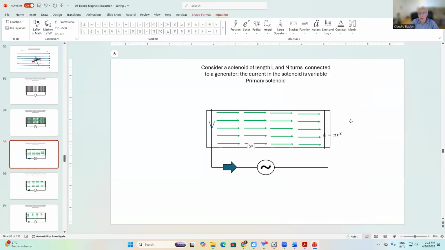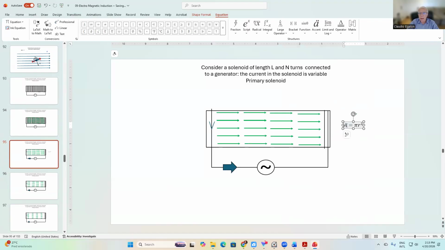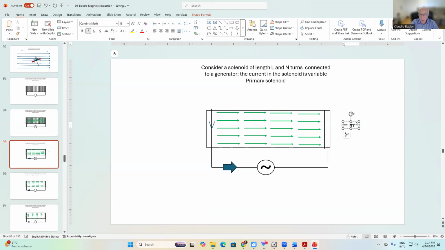At this very moment in time, delta B over delta t is momentarily zero because the field reached maximum intensity, okay?